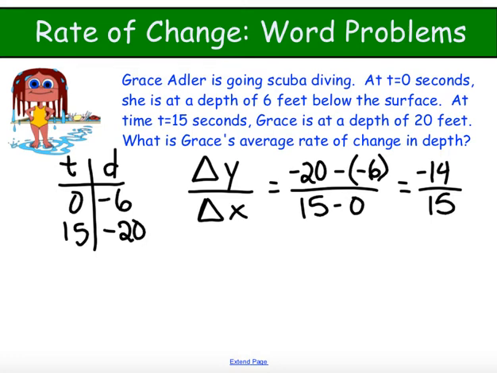Now, every rate of change, we're going to have some units. And in this case, the change in y, that's talking about feet. And our change in x, that's per second. Okay, so we have negative 14/15 feet per second. So almost a foot beneath the water per second.